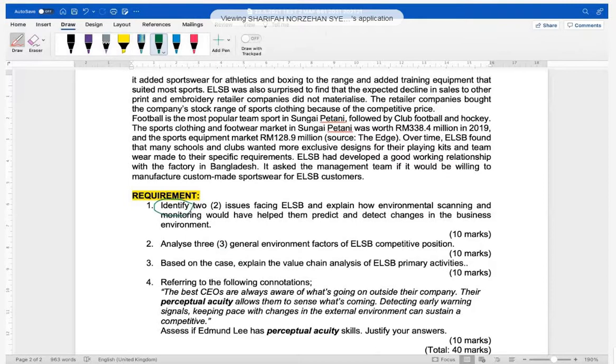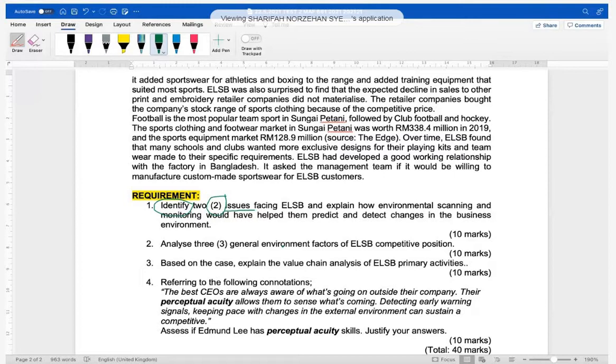Identify. What is it that you are trying to identify here? The issue. How many issues? Only 2. So don't you dare to give less. Don't you dare to give more.